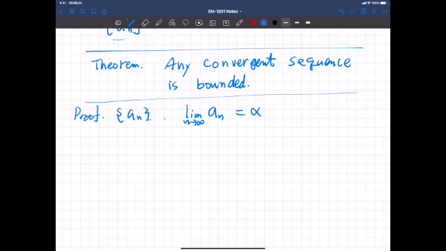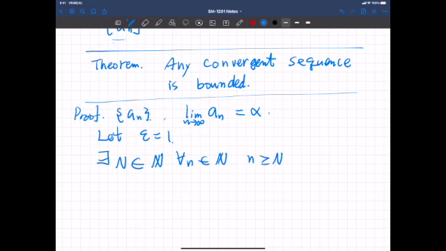And let epsilon equal 1. Then, because of the convergence, there exists a natural number N such that for all natural numbers, if this lowercase n is greater than or equal to uppercase N, then |a_n minus alpha| is less than 1. In this case epsilon is 1. So this holds.